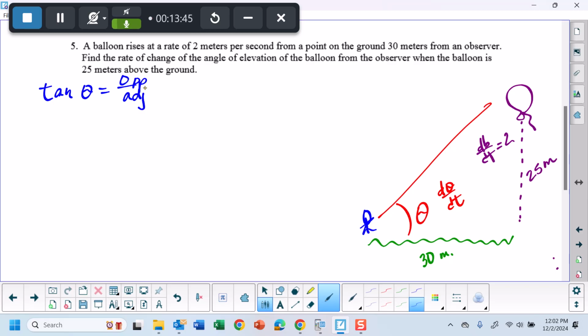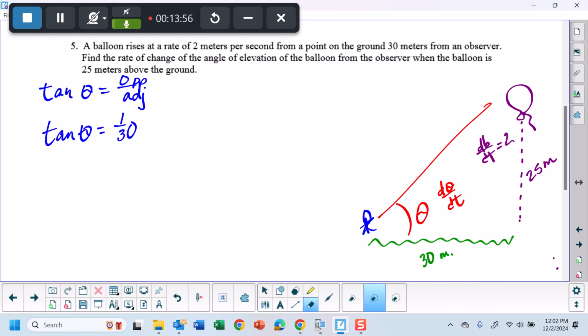So if I wanted to, I could rewrite this as the tangent of theta is going to be 1/30th of my side opposite, and I'm going to go ahead and call that B, because I'm in the habit of using my A and my B and my C to just help me with that conversation.